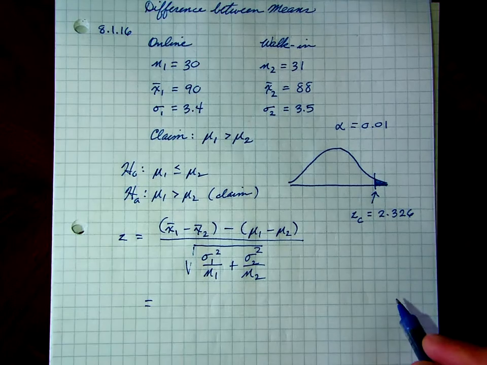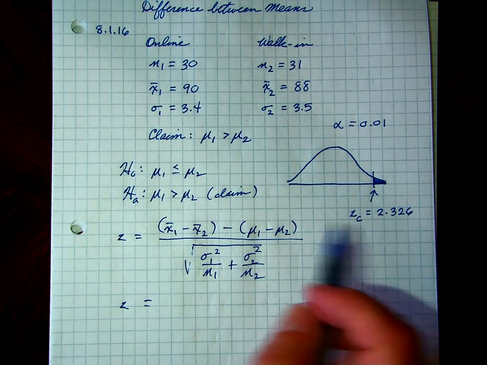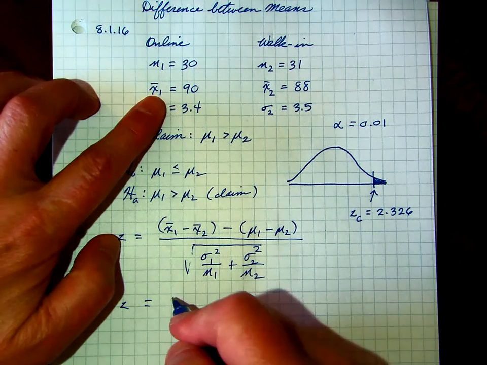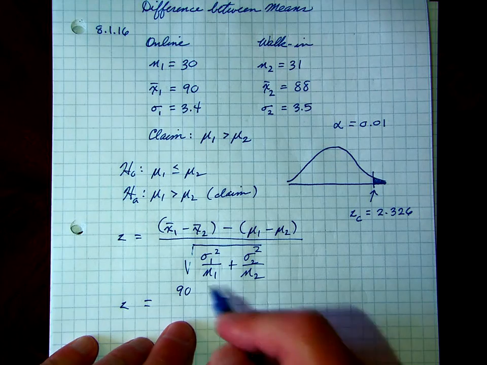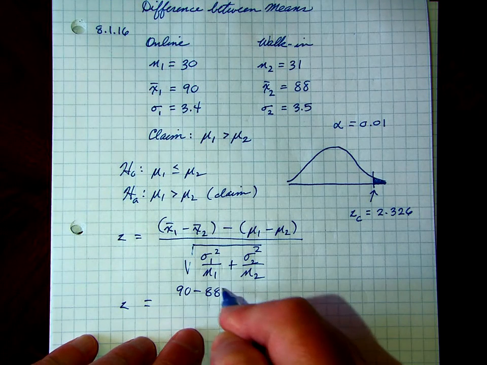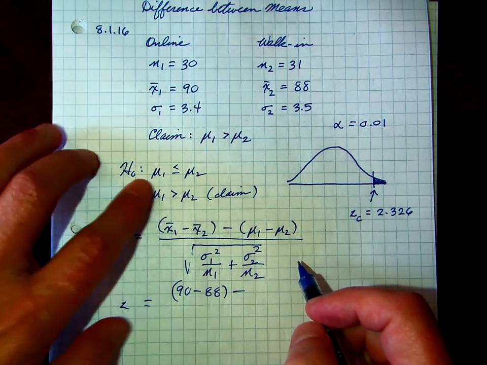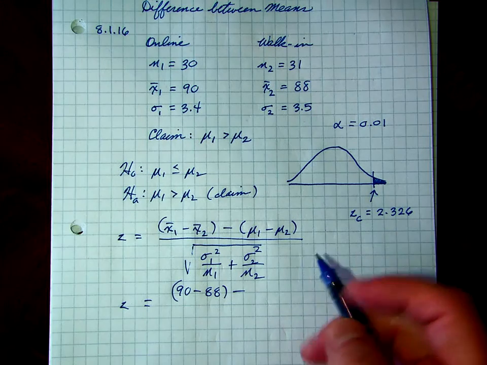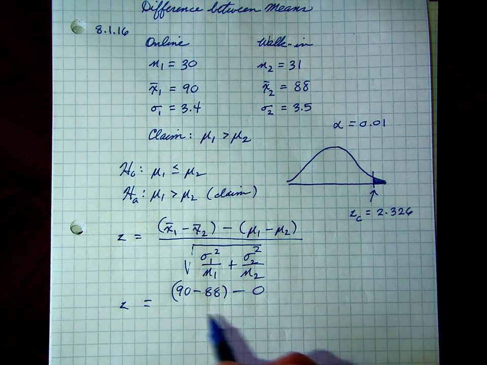If we start plugging in, let's see what our statistic turns out to be. So x1 is 90, x2 is 88, so the difference is 2. And according to the null hypothesis, we're assuming the possibility of equality, so that's just 0, mu1 and mu2 being equal.